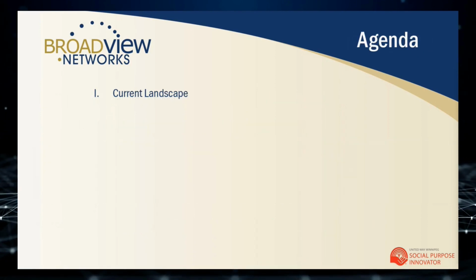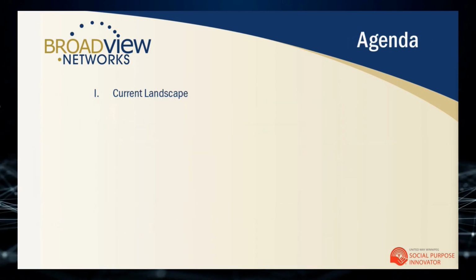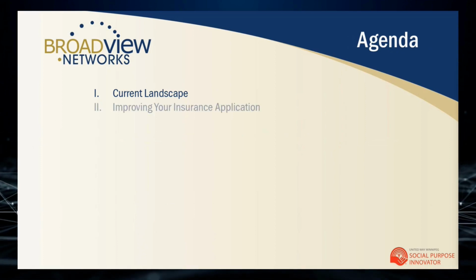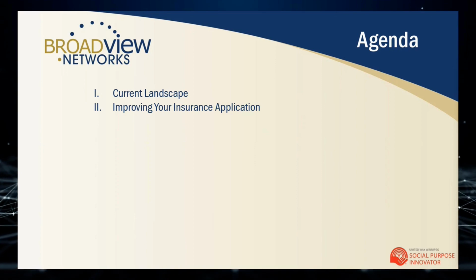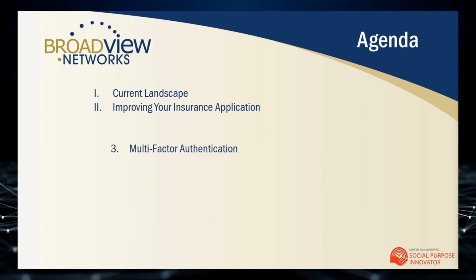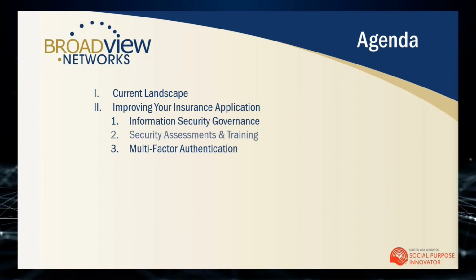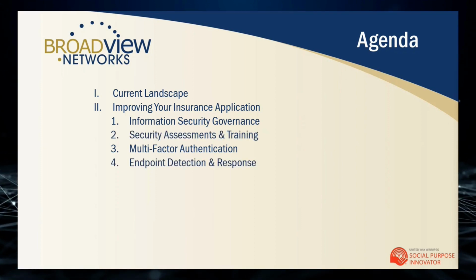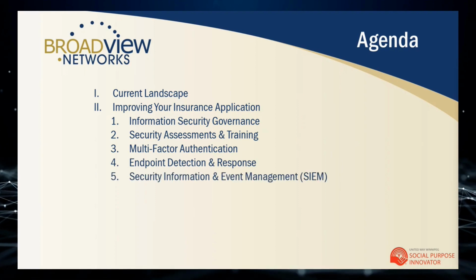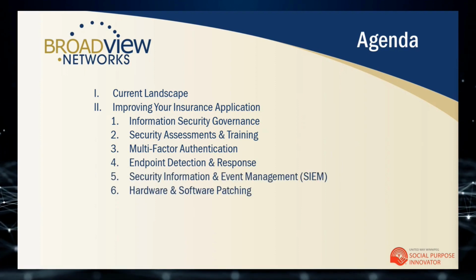We're going to start off talking about the current landscape of cybersecurity insurance a little bit and how it impacts organizations. We'll get into what it takes to improve your cybersecurity insurance application. We'll talk about a couple of different items: information security governance, multi-factor authentication, endpoint detection response, hardware and software patching.